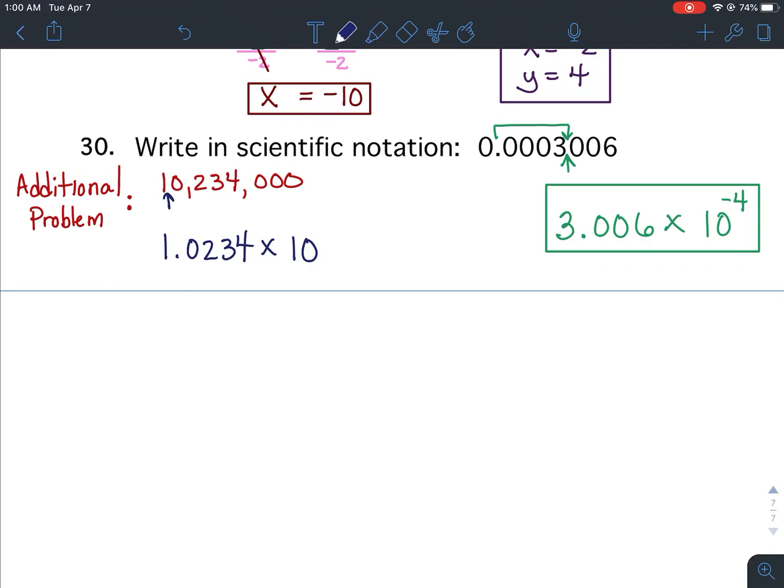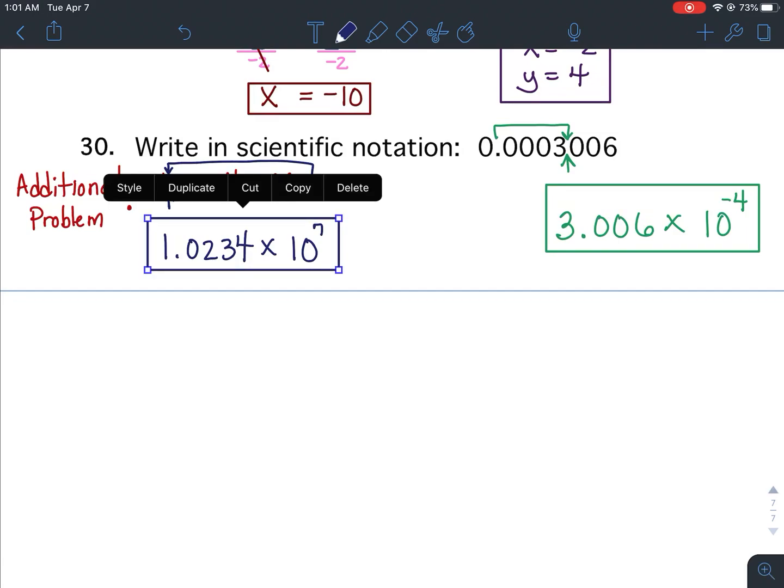And now I count from where the decimal was to where it's going. And there are 7 numbers there. Because it is a large number, it is greater than 1, my exponent is positive. So it is 1.0234 times 10 to the 7th.